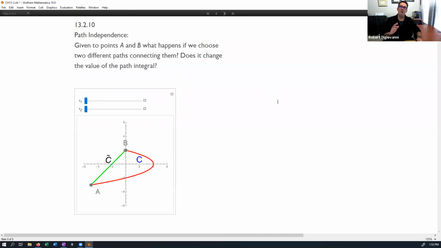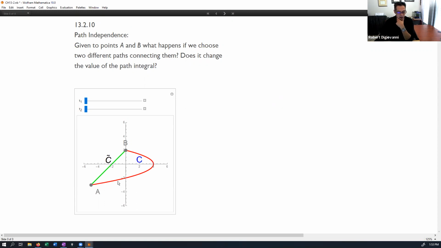Okay, so we already know that if you traverse the path in the opposite direction, it may or may not have an impact, but it's only going to change the sign at the most, right? But what if it's a different path, connecting the same two endpoints?